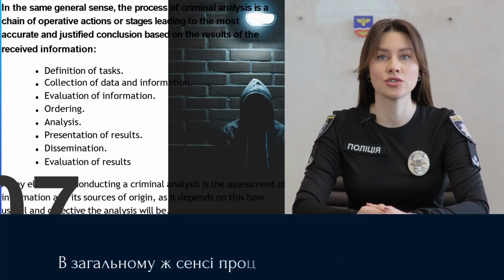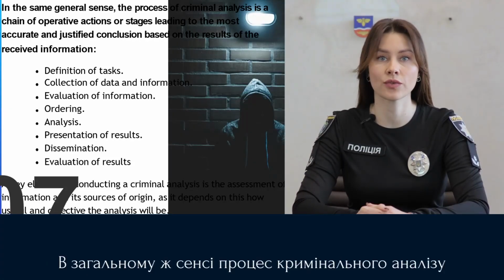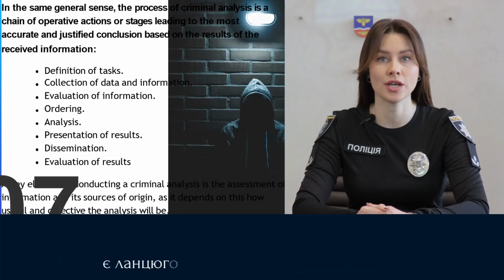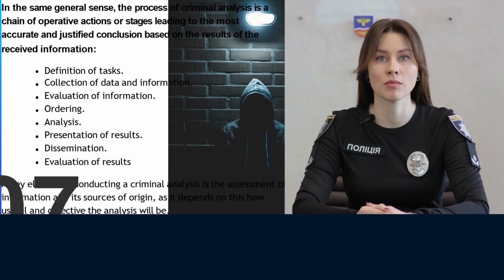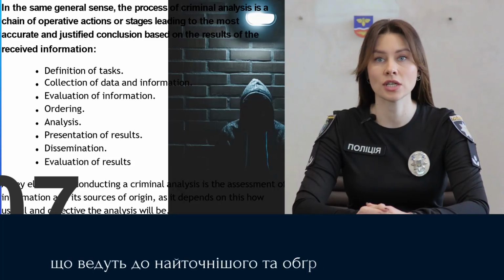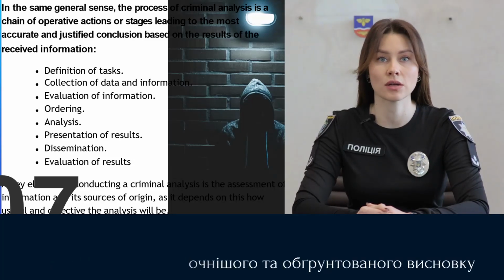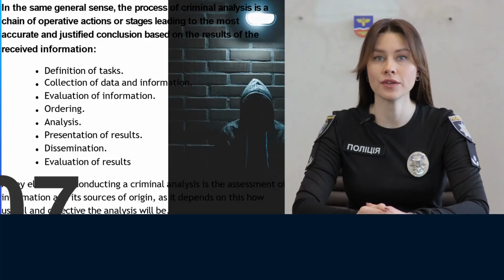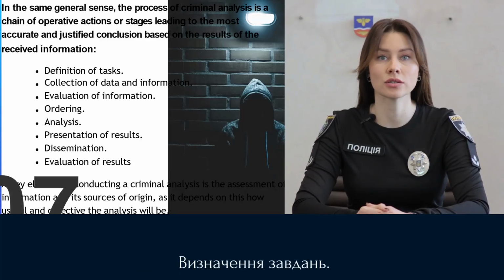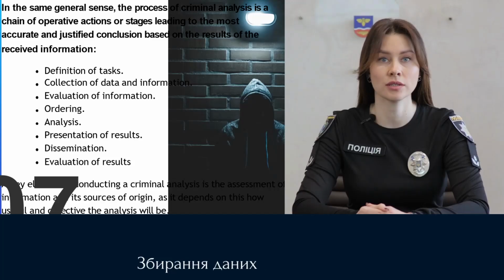In the same general sense, the process of criminal analysis is a chain of operative actions or stages leading to the most accurate and justified conclusion based on the results of the received information. Definition of task, collection of data on information, evaluation of information.